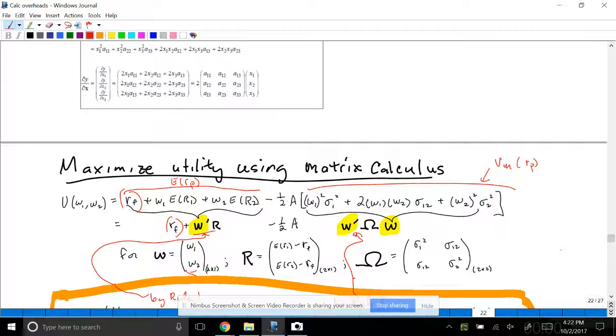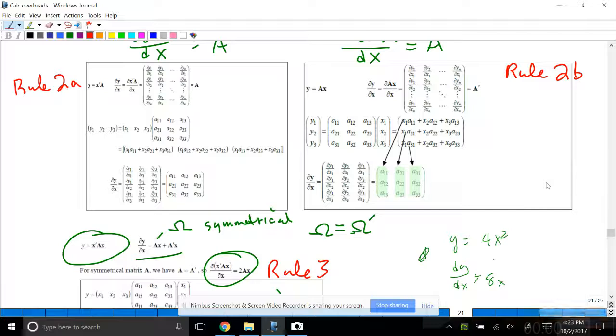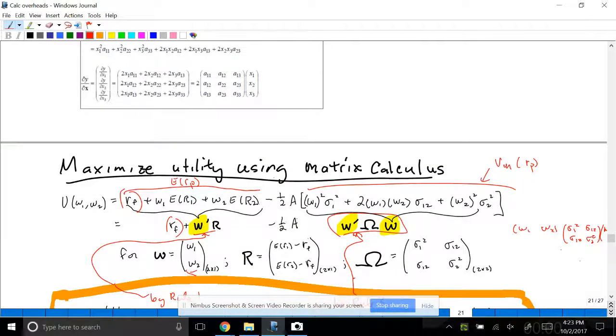And minus 1/2 A times, this is the way we can express the variance of the portfolio: a row vector W1, W2 times the covariance matrix times the column vector W1, W2.